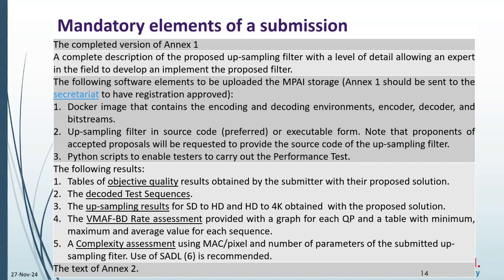So the first point is Annex 1. Annex 1 is one page where you are asked to say who you are, your organization, what is your intention. I mean, they are 5, 6 sentences in total, very, very simple.